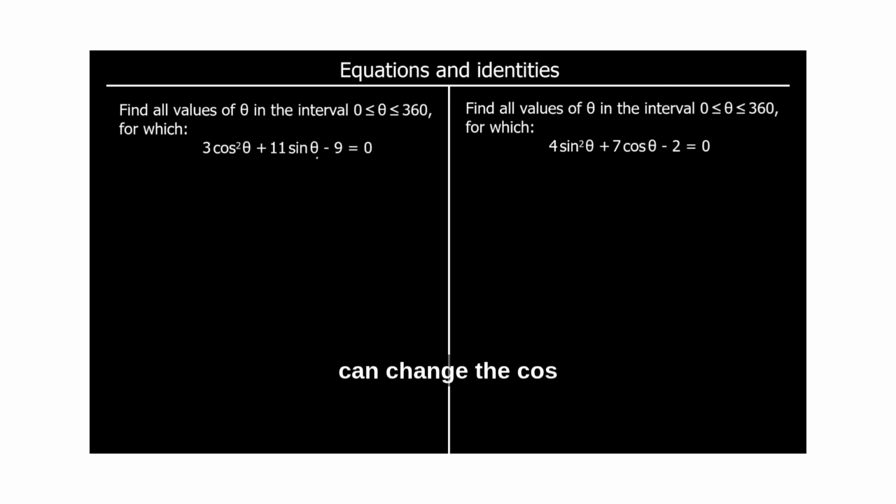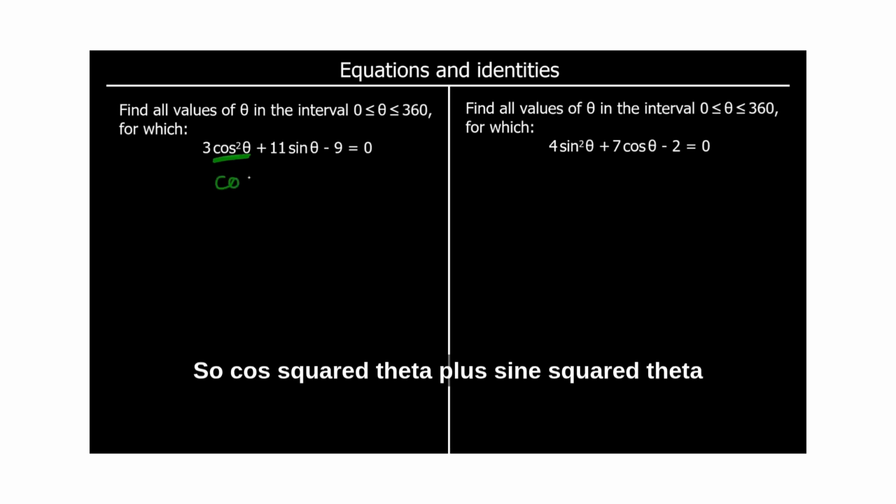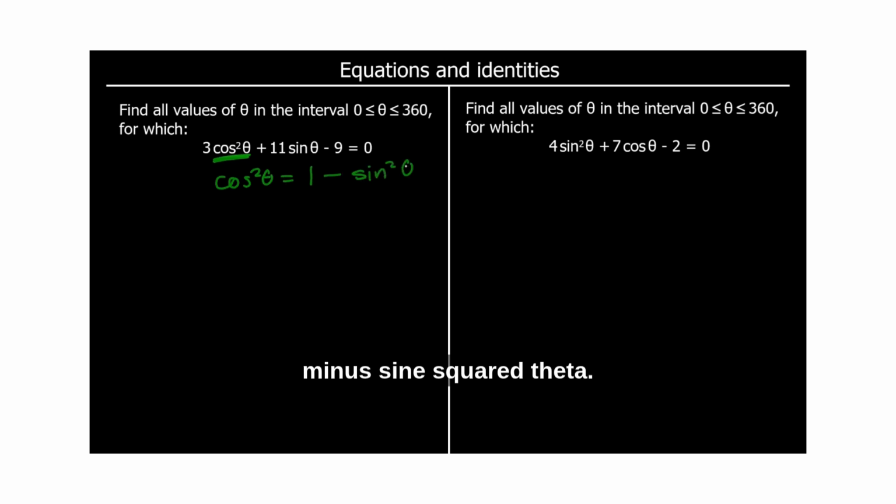But we can change the cos squared theta into a sine squared theta. So cos squared theta plus sine squared theta equals 1, so cos squared theta is the same as 1 minus sine squared theta.